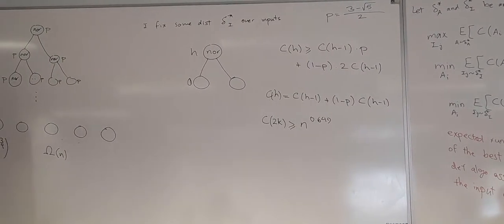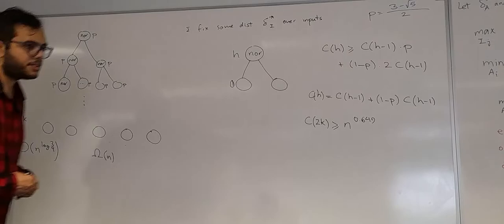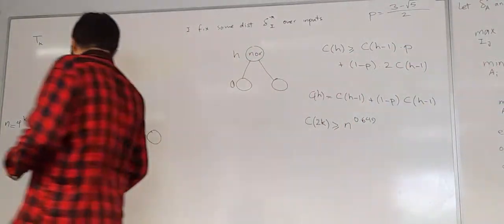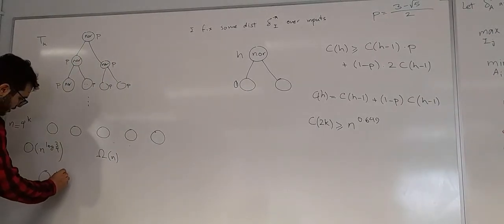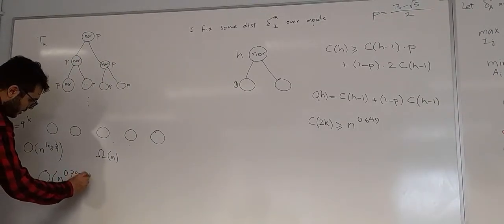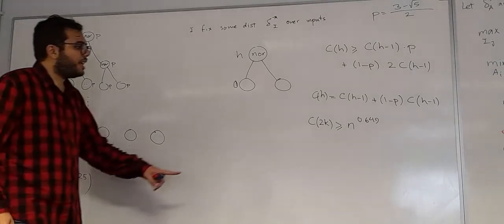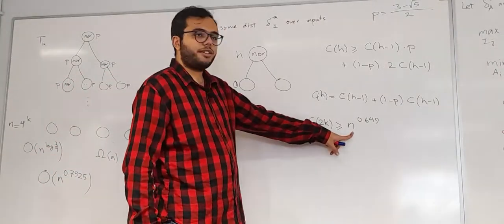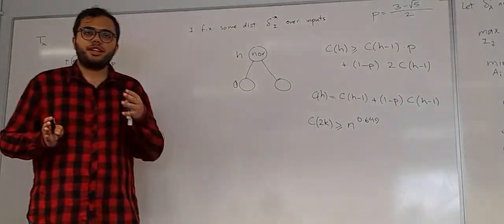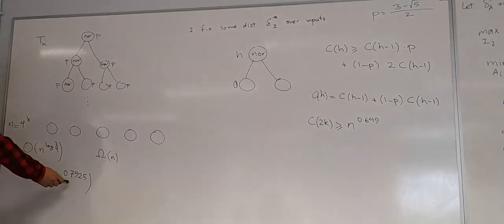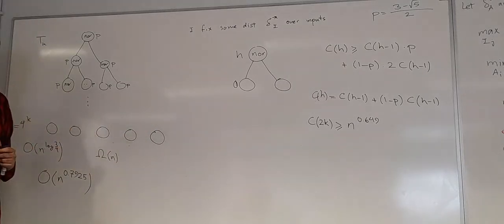Well, I have a randomized algorithm that has this runtime. What was this value? Let me see. 0.7925. Okay. So I have a randomized algorithm that has this runtime, and that's the algorithm that we saw last time. But I also know that I cannot have any randomized algorithm that has a runtime better than this. So now I have both a lower bound and an upper bound, and I know kind of how well I can do. Unfortunately, these two numbers are not the same, right?